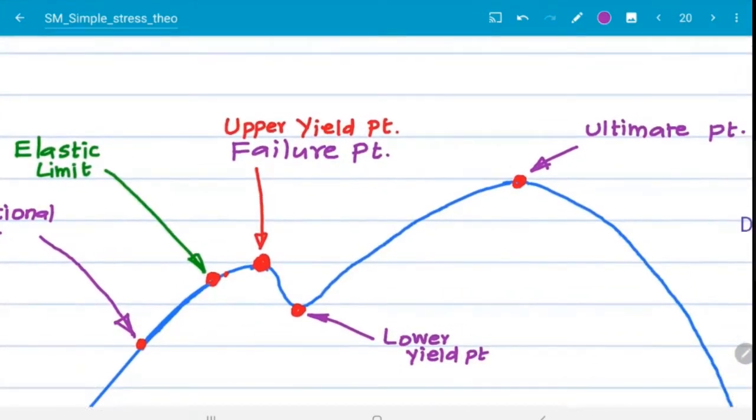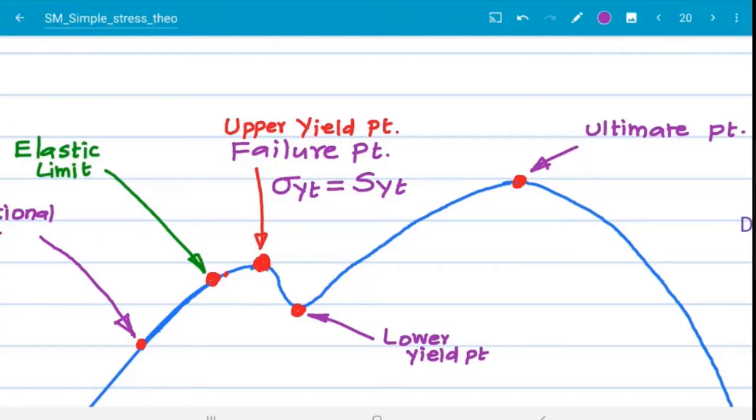Till the yield point, we are calling the stress sigma yt, which means tensile yield stress. When the failure occurs, stress is renamed into strength, SYT.